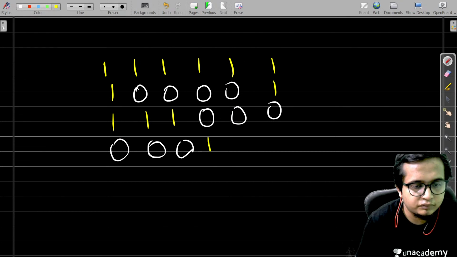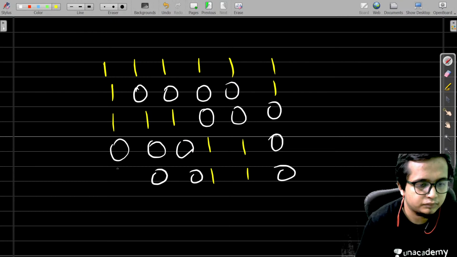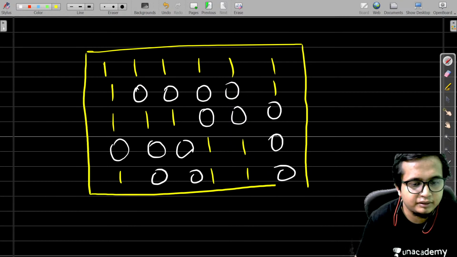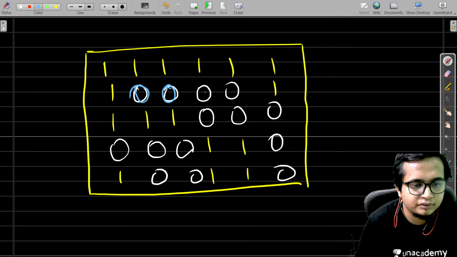Then you have some ones, then zeros. So suppose this is what your 2D binary grid looks like, and these zeros are water places. So here water is present.